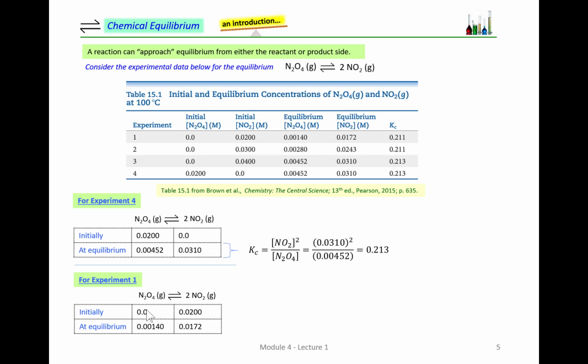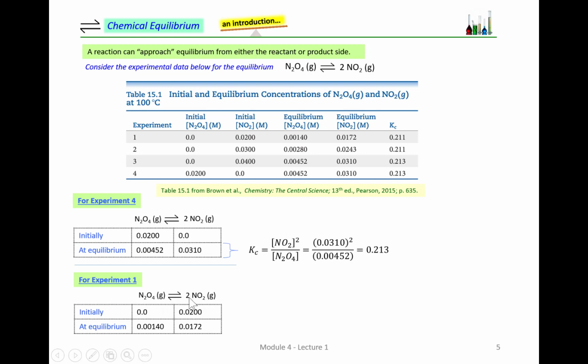And this initial start here is not at equilibrium. So the reaction will go in reverse until it reaches equilibrium and until the reverse reaction equals the forward reaction. I should say the rates of the two reactions become the same.